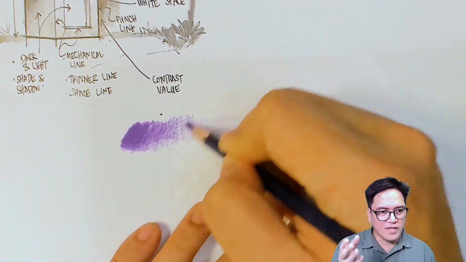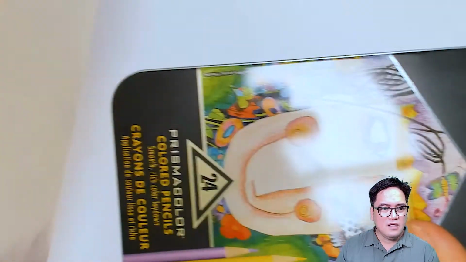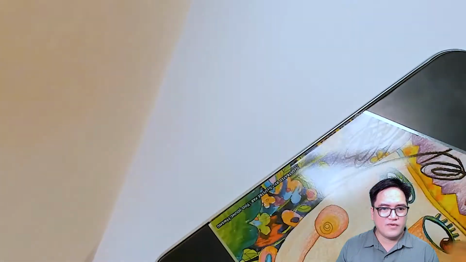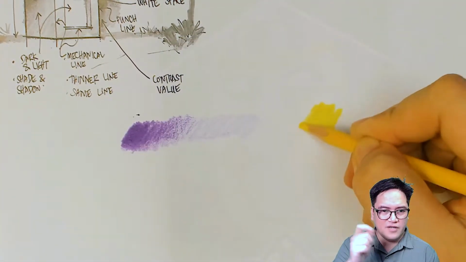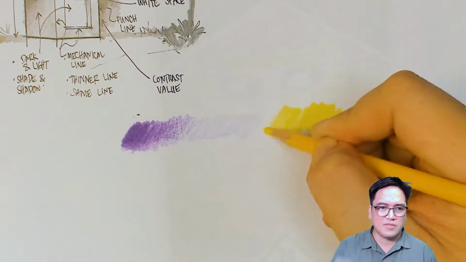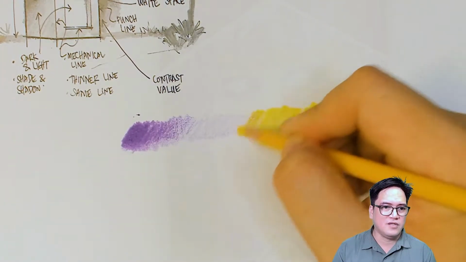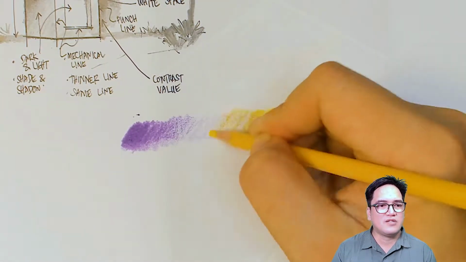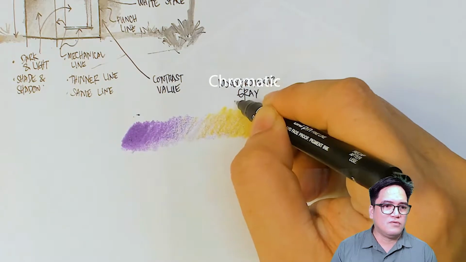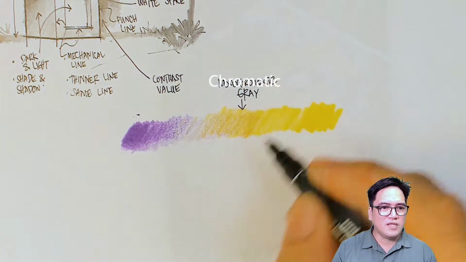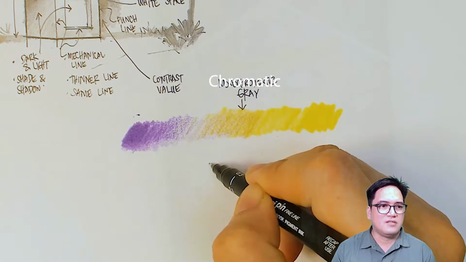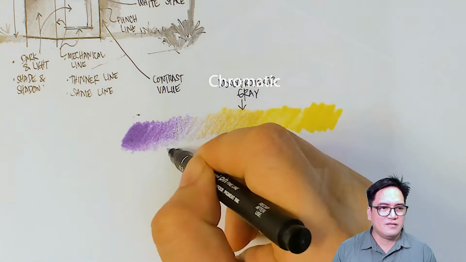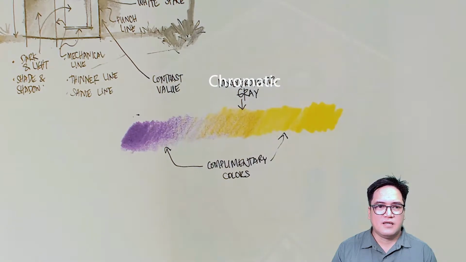So we go into coloring. Here I'm using a flat area of the pencil if I want to have that hardness. Sometimes we need to have that much pressure. Here I'm illustrating two colors which we're going to be using much in architectural illustrations, which are violet and yellow.